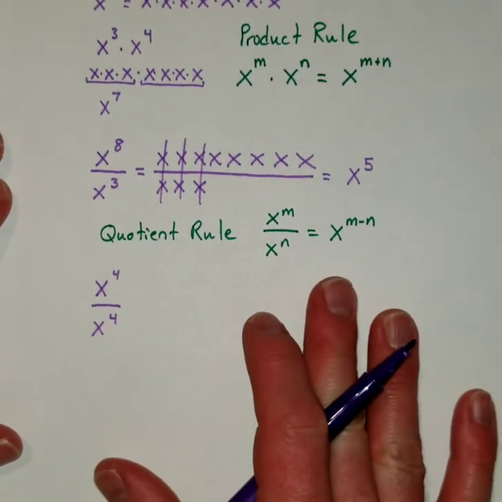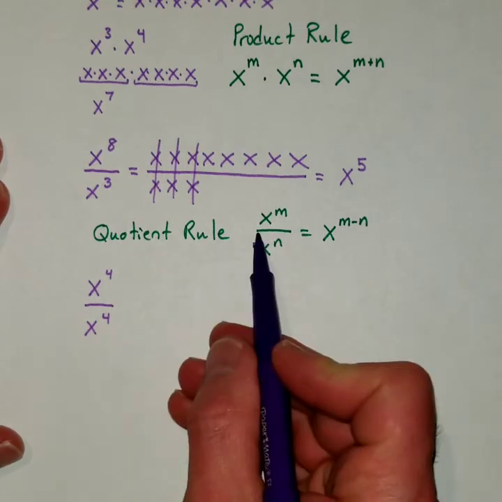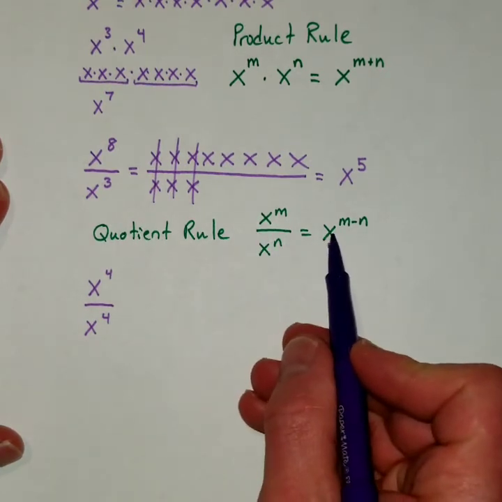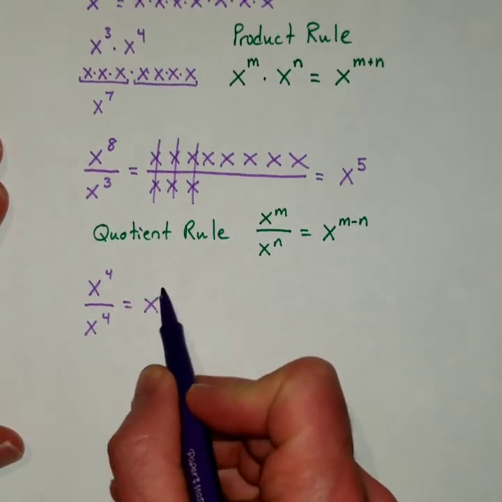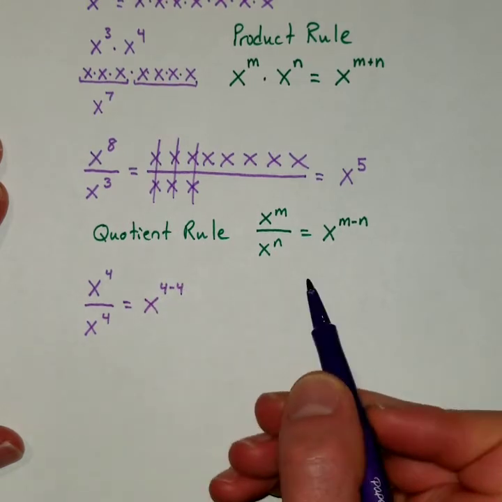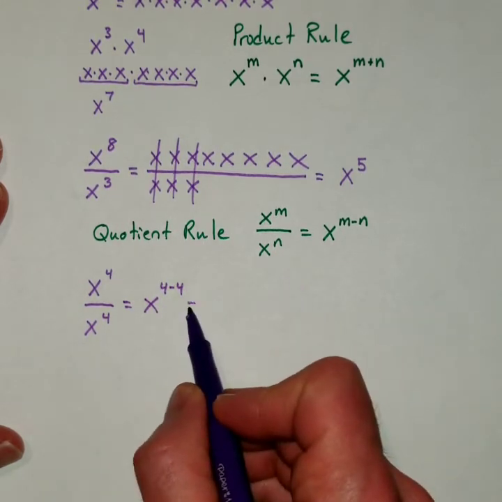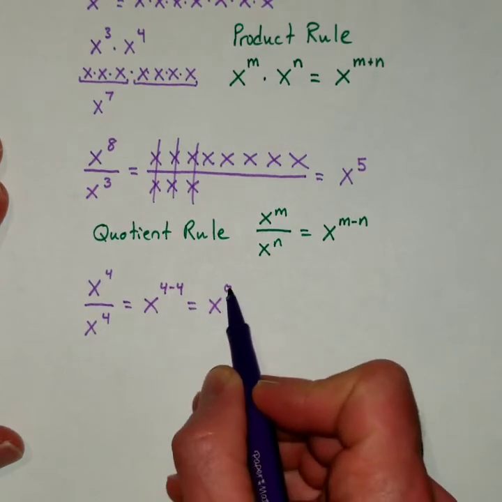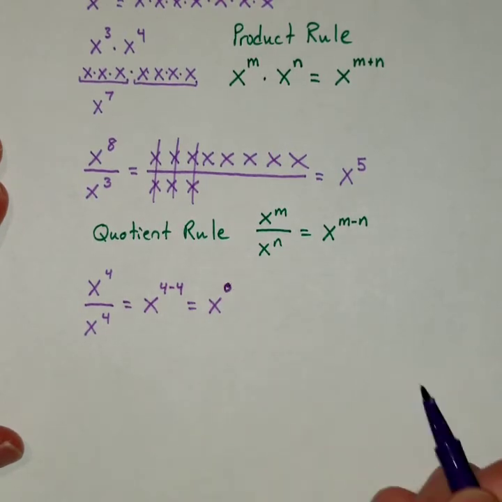Okay, well, using this quotient rule, I could just write that as x to the 4th minus 4th, and 4 minus 4 is 0, and so I get x to the 0. Interesting.